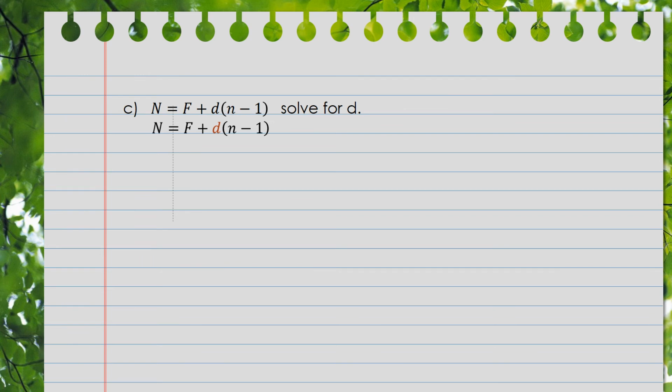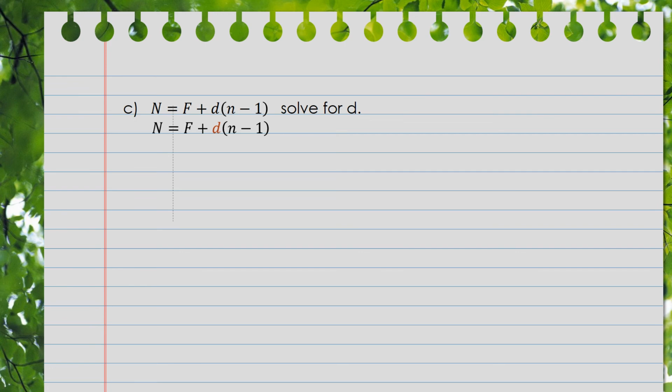Well, it is on the right side. Now, on the right side, we want to keep any terms that have the D attached to it. On the right side, are there any variables that do not have the D attached to it? Yes. Notice that F is not attached to the D, so we need to remove it.